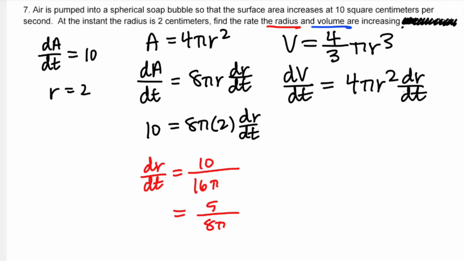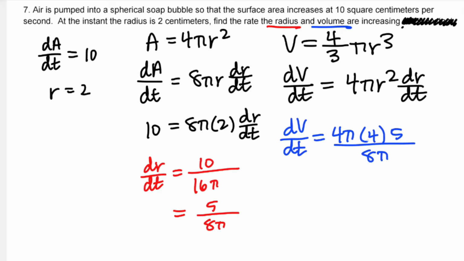And then we have dr/dt, we have r squared, so we should be able to find dV/dt. So once I go to plug stuff in, I'm going to have 4 pi radius squared would be another 4. dr/dt was 5 divided by 8 pi. So we'll have 10.